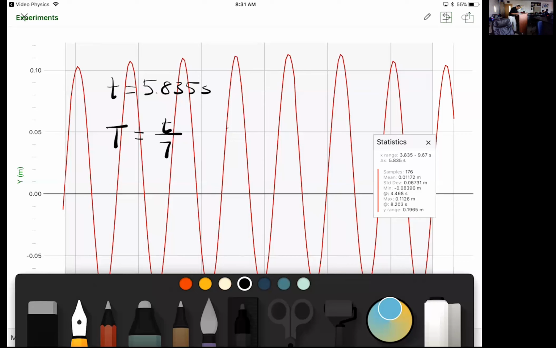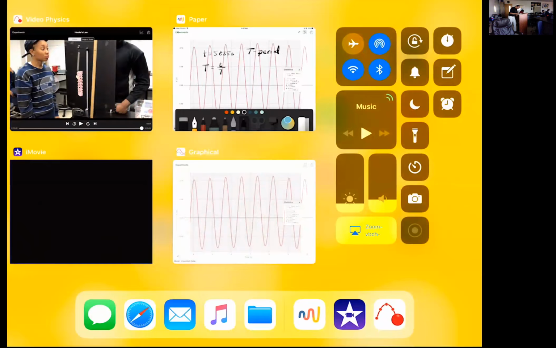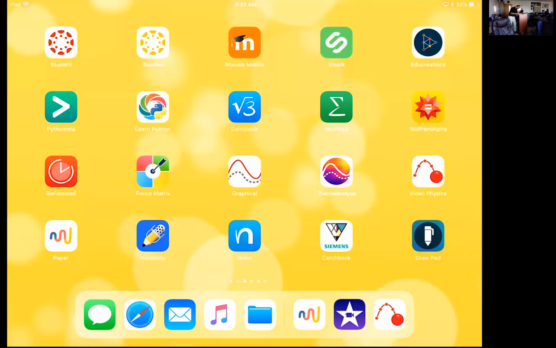So I'll do this. T is the period. And again, the period is, so 7 goes into T how many times? Anybody know? 7 goes into 5.835 how many times? 7.